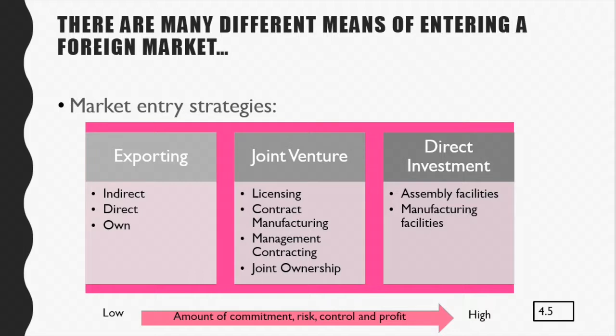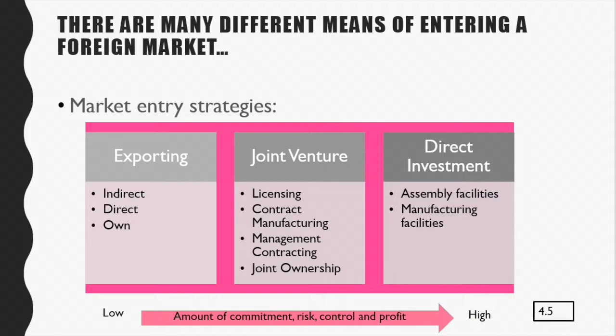And then if you compare this to the direct investment, then you know that the level of commitment is higher. You have to commit much more and make bigger investments as well. And then the risk also is greater.